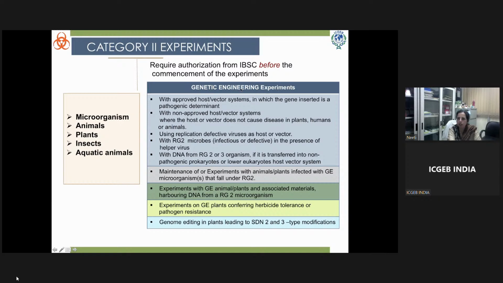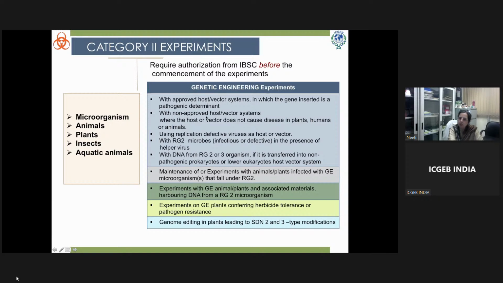But other than this, all the genetic engineering experiments which involve use of pre-approved host vector systems in which a gene is inserted, and if this gene is a pathogenic determinant or is capable of causing any infection or any harm, then it gets classified as BSL-2.